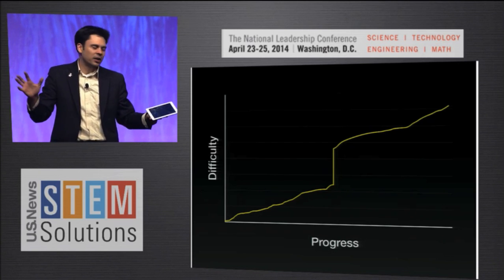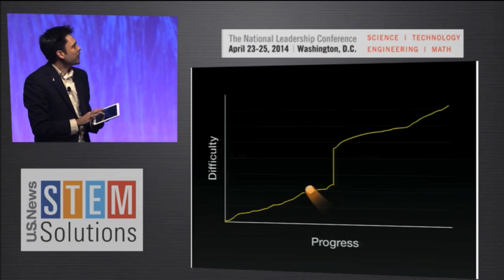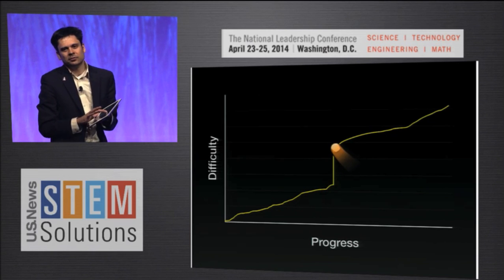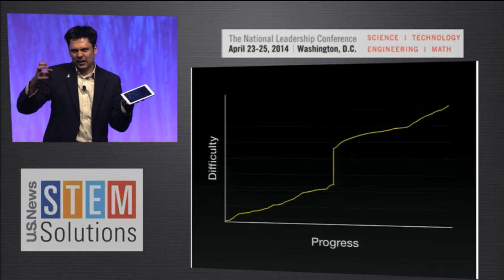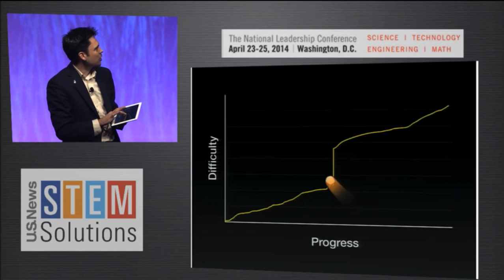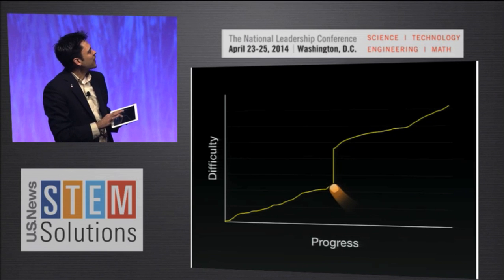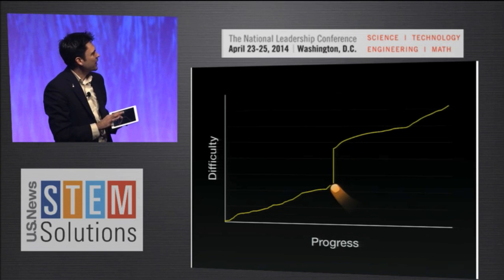So Vygotsky is wrong because it turns out that repeatedly we found that you want to make things really, really hard, tantalizingly tricky. You want them to be really hard so that they struggle with it, and they get frustrated, they want to give up.